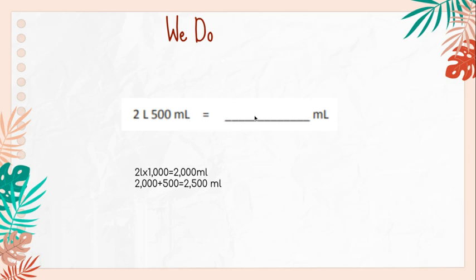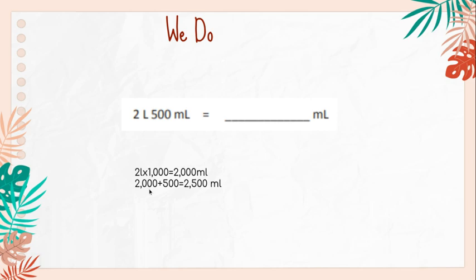If I wanted to turn that into milliliters, I would multiply the 2 liters, which looks like a 1 but is actually an L, times 1,000, which is going to give me 2,000 milliliters. But I can't forget about this 500 milliliters. That doesn't just get thrown out. I have to add this amount into this.